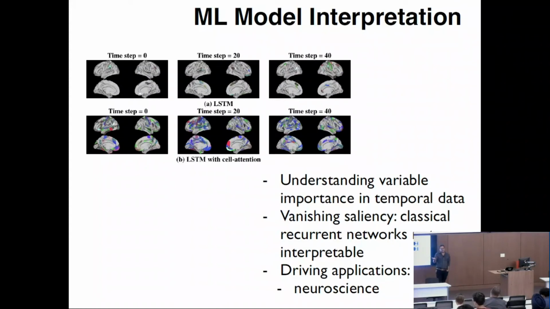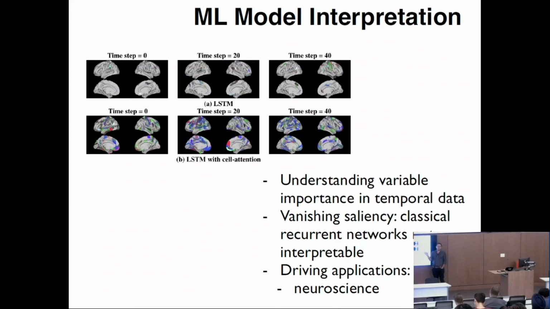So we said, all right, is there something about the properties of these networks that precludes the use of these new methods to understand how important these things are over time? And we show mathematically that saliency, this measure of importance, vanishes backwards in time. That's just the property of how these very, very often used methods behave.